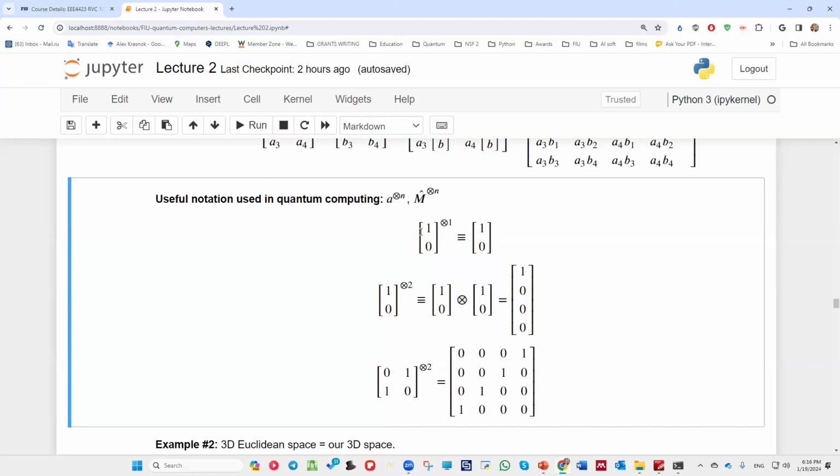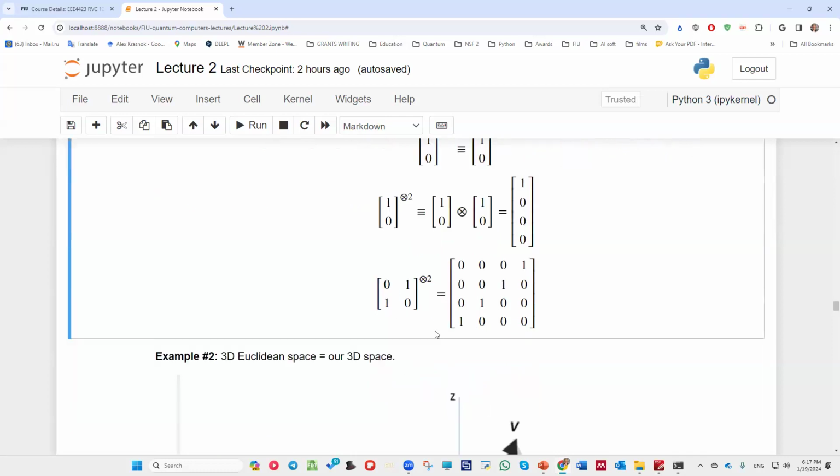A vector to the tensor power of 1 is simply the same vector, but a vector to the tensor power 2 is just a tensor product of the vector by itself, which generates this vector of dimension 4. And the same holds for matrices and for vectors. For example, a matrix like this to the tensor power of 2 generates this matrix of 4.